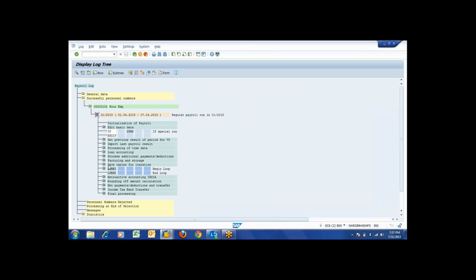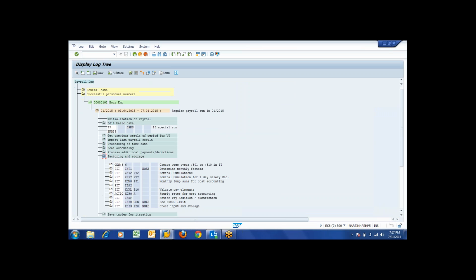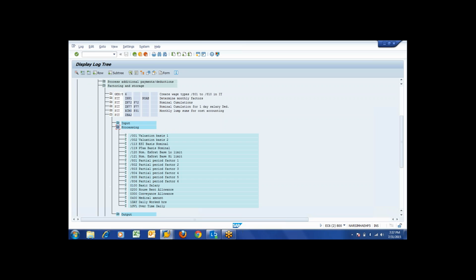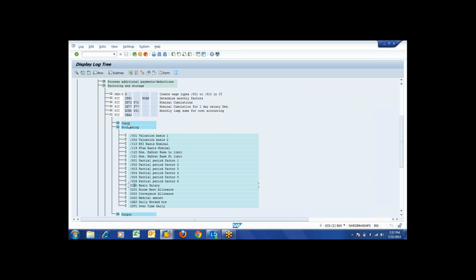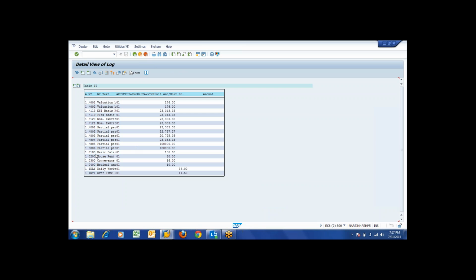So in the log, our rule should read whatever we have written, that is ZBA2 for our particular wage types. We have written for these 4 wage types. So see now the rule was read: PCR grouping is 1. It is telling number is equal to day, multiply rate with number is equal to amount. If you see the input, you can see the rate in front of basic salary is 100.